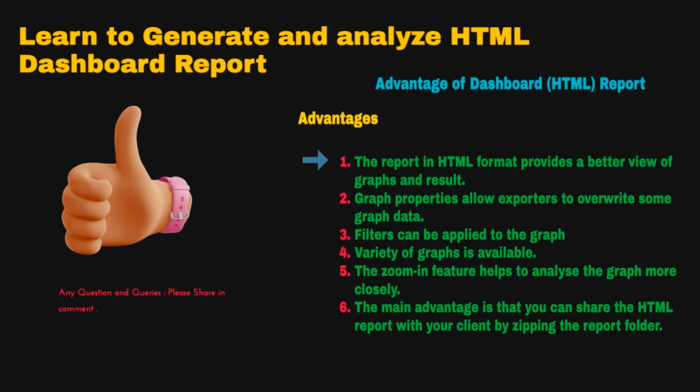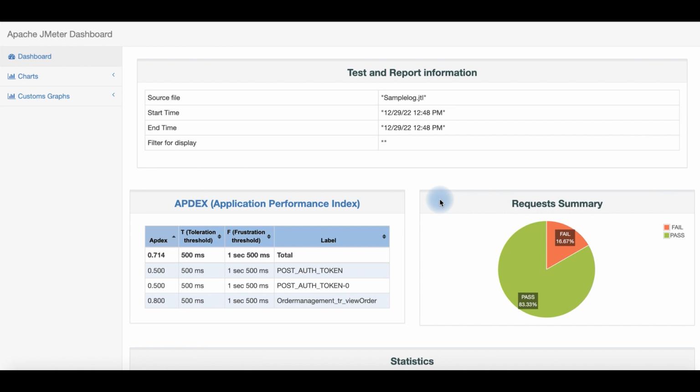Let's go and see a simple report and analyze how it looks and how it is helpful, before proceeding to generating this HTML report. Okay, let's move further. Hi guys, this is the Apache JMeter dashboard HTML report. This is the basic HTML report which I talked about in my last lecture, right?